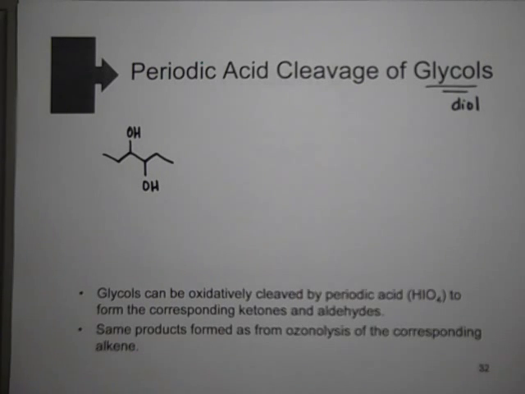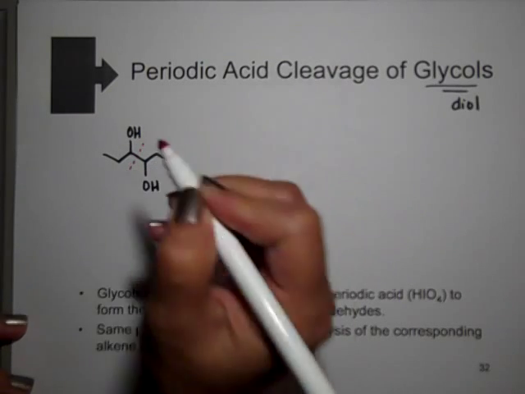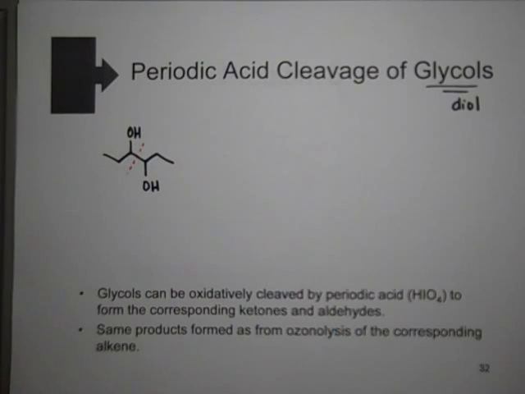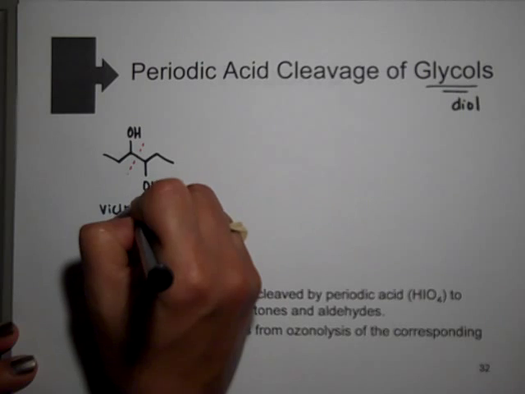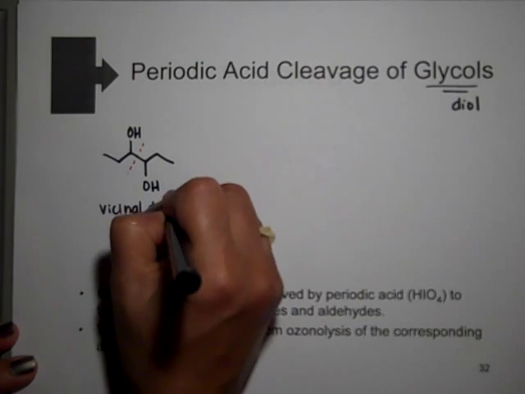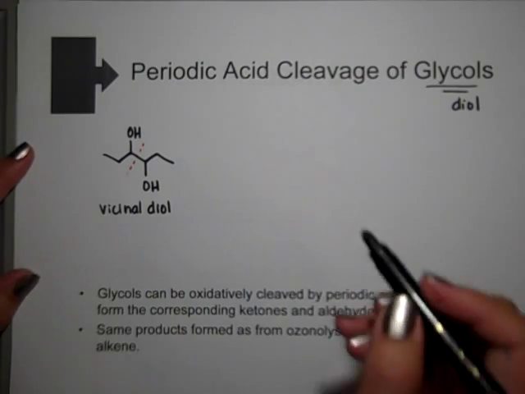And we're going to break the carbon-carbon bond between them. And then we're going to oxidize. So again, it has to be vicinal for this reaction to occur. If it's not vicinal, you're not going to have this reaction.